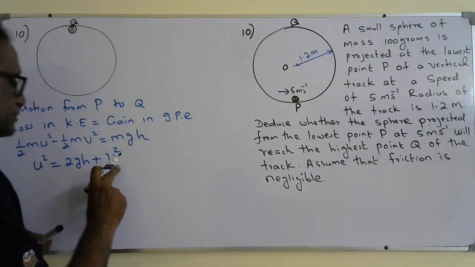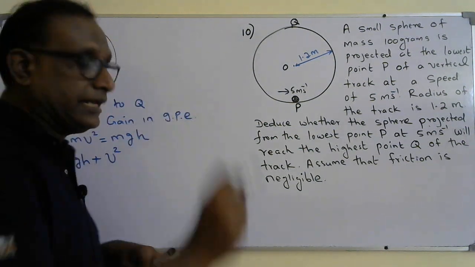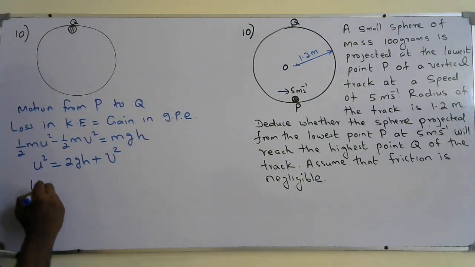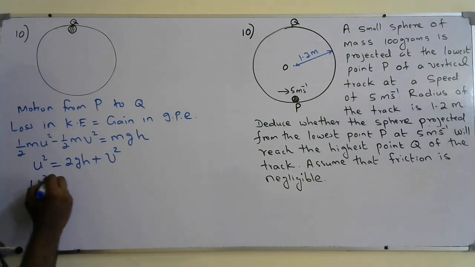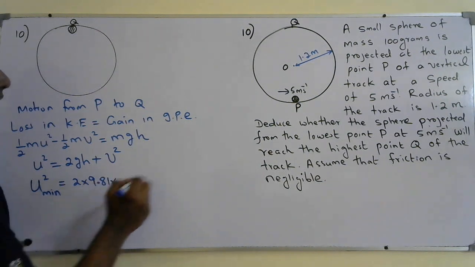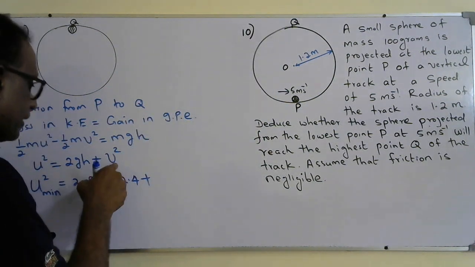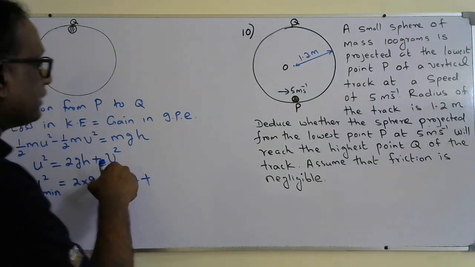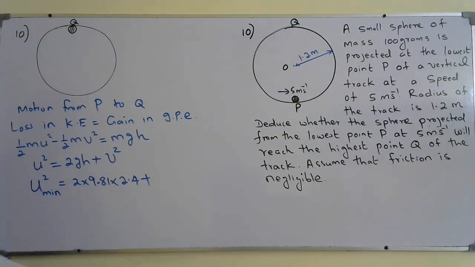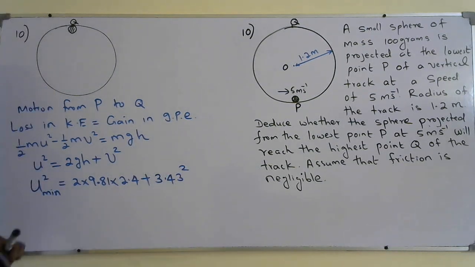But when v becomes minimum, I can find the required initial minimum speed. So u minimum squared equals 2 into 9.81 into h, which is 2.4, plus the minimum speed we found earlier, that is 3.43 squared.